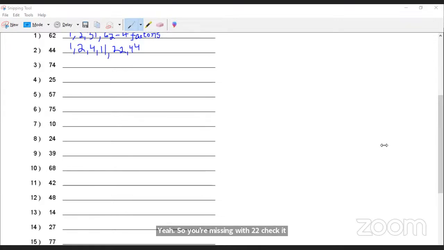Edwin is missing 22 in the second one, and Diksha Shah is missing 11. And Hossein, I could not see your second question. Okay.